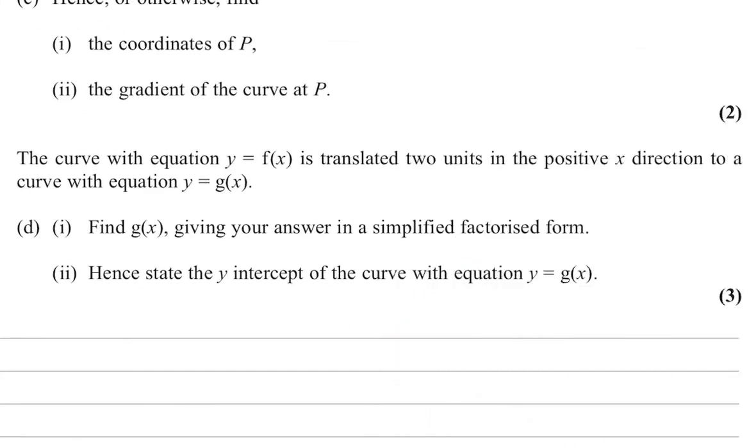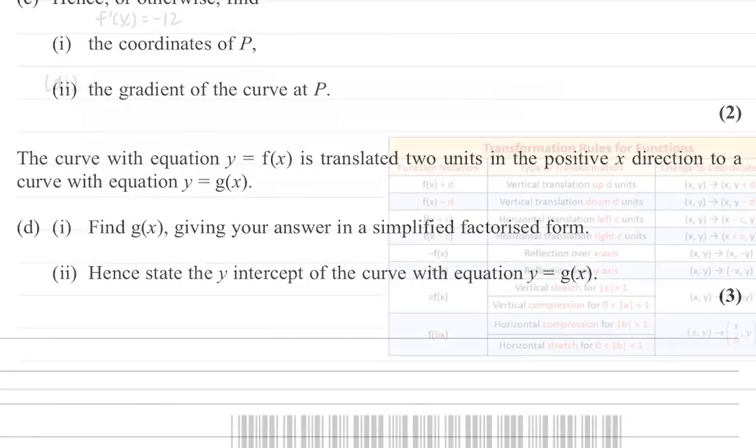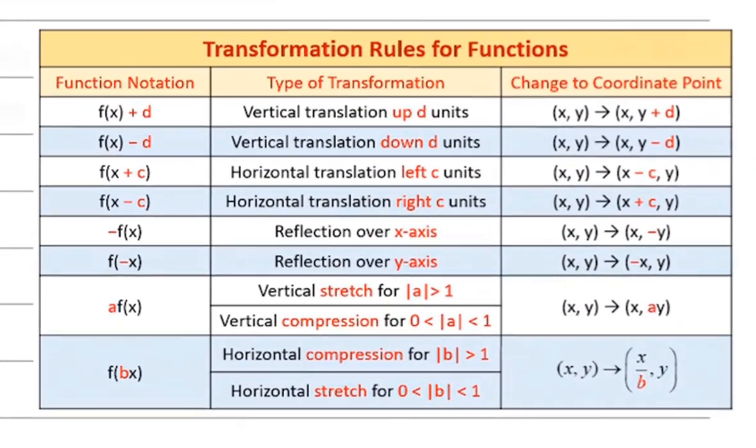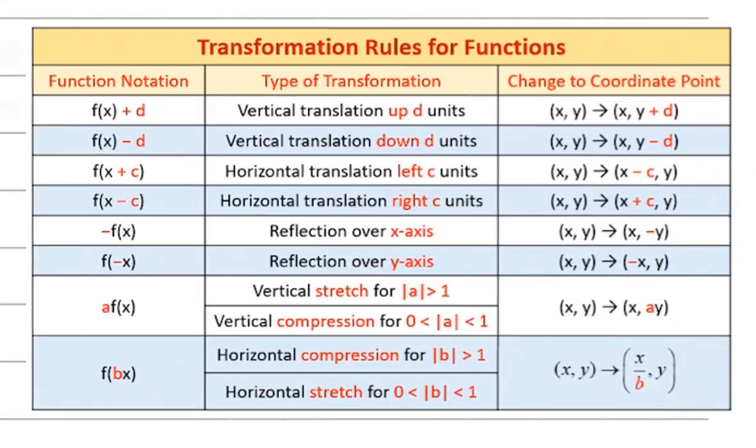Now onto part D. The original curve, y equals f(x), is translated 2 units in the positive x direction to the curve with equation y equals g(x). On the right, I've got a table for the transformation rules of functions.